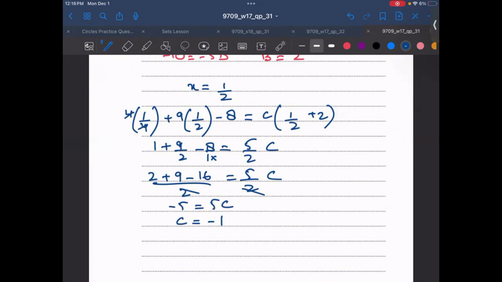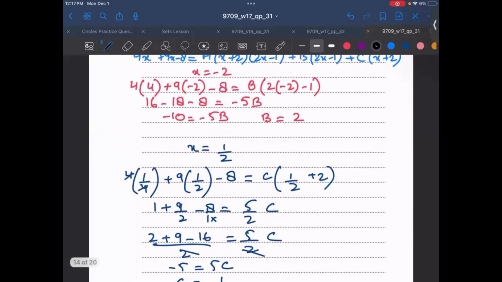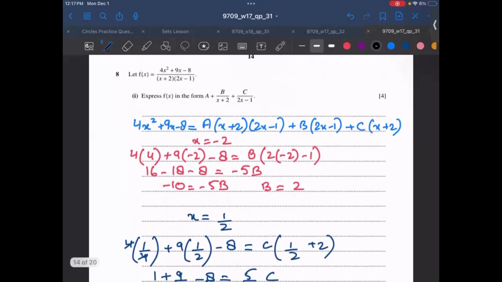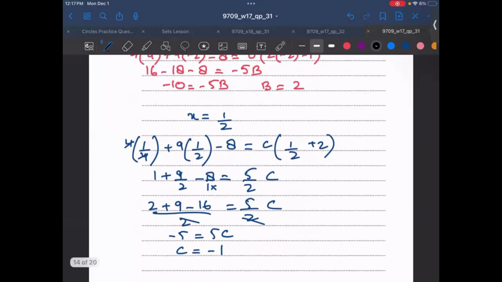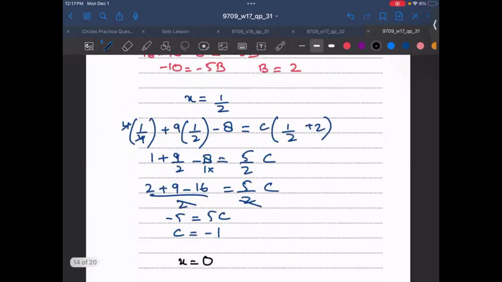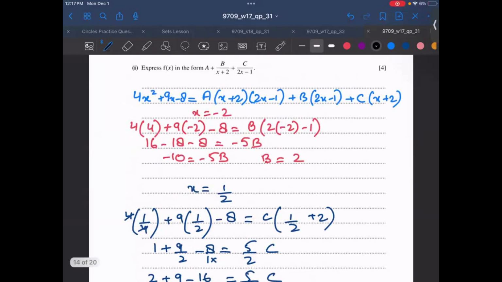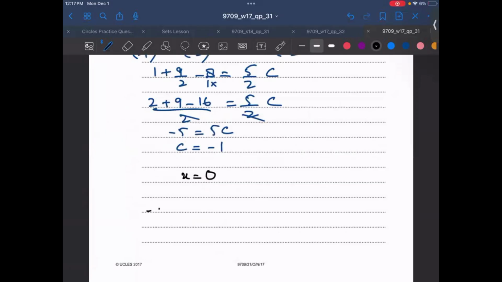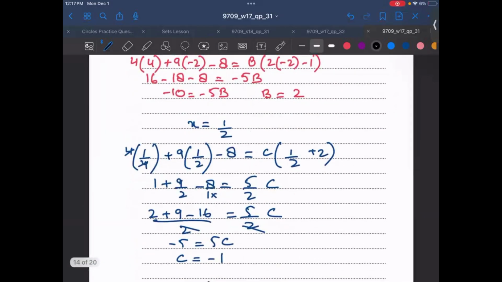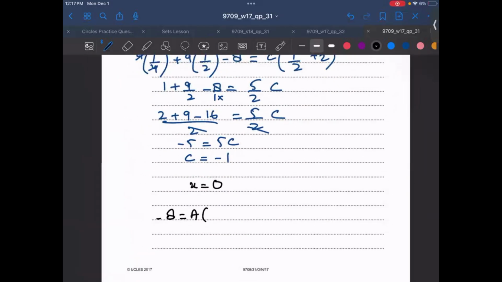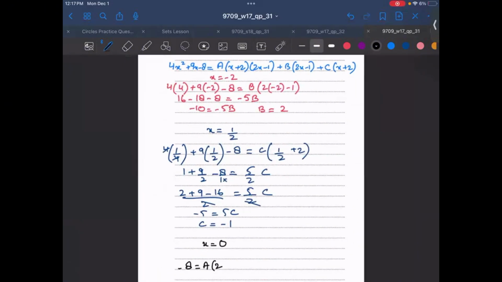Now, once we have the values of b and c, to find the value of a, we can just assume any value of x. And let's say if we take x equals to 0 into the equation, so we'll get 4 times 0 is 0 plus 0 minus 8 on the left hand side is equals to a into, so that is 0 plus 2, that is 2, into 0 minus 1 is minus 1, plus b is 2, so 2 into 0 minus 1, plus c, which is minus 1, so minus 1 into 0 plus 2.